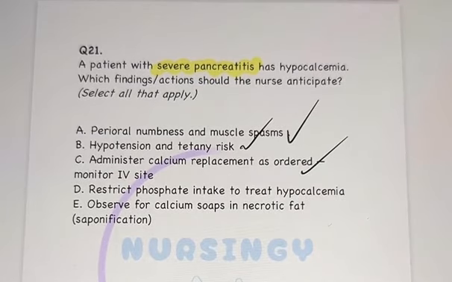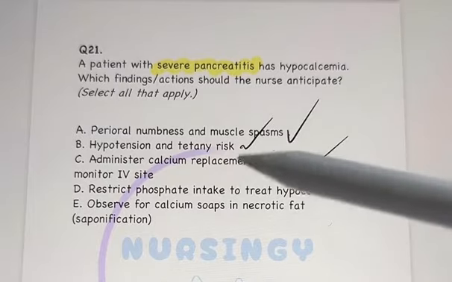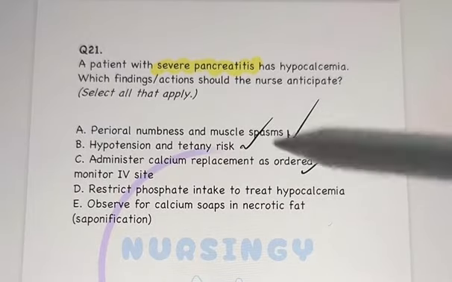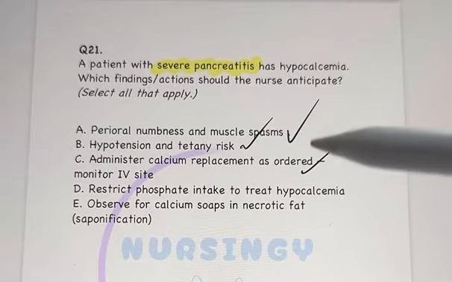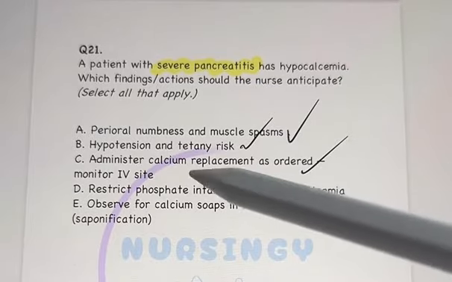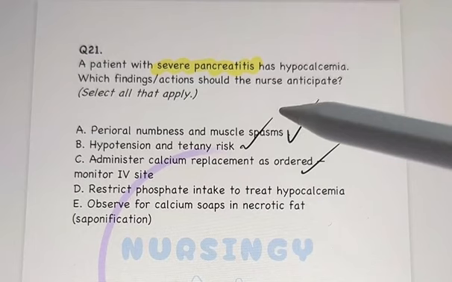What about D, restrict phosphate intake to treat hypocalcemia? What about D, guys? Yes. We are not going to restrict, guys, remember that one, please. We are not going to restrict the phosphate, because we know phosphate always binds with calcium.